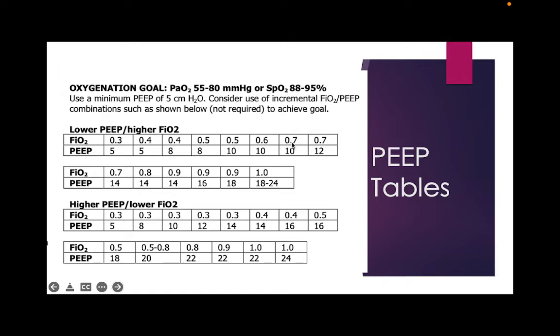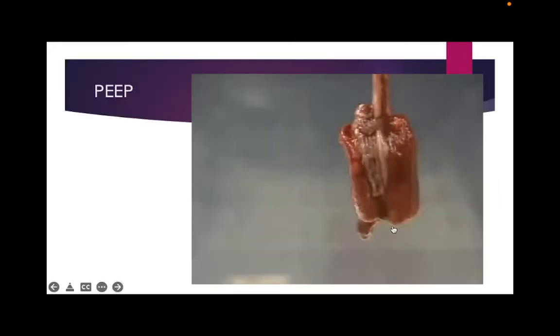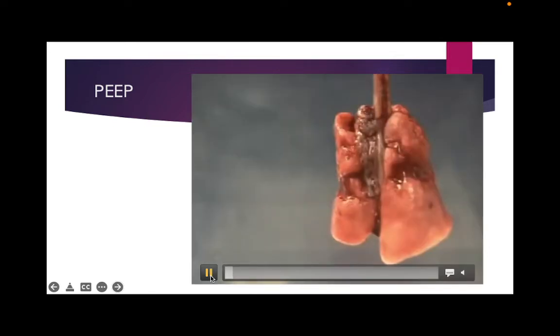What is a side effect of PEEP? What can happen when you give PEEP? Barotrauma is actually not a problem with PEEP, and I will explain why in a minute. I'll show you. You actually prevent injury with PEEP because when you look at the lung here trying to be inflated, notice how much pressure it's taking to inflate it.